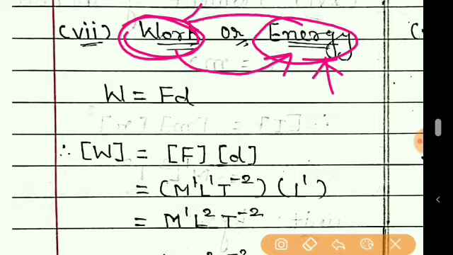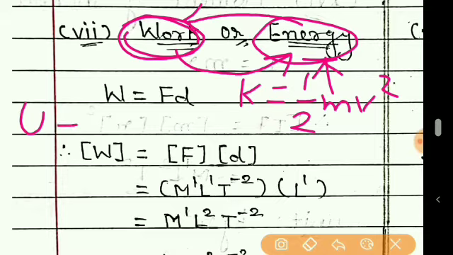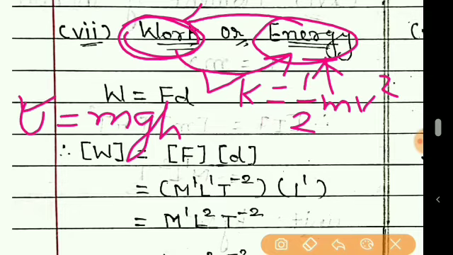If I use kinetic energy K, its formula is half mv square. If I use potential energy U, then U is mgh. You can see here, this is kinetic energy, this is potential energy.